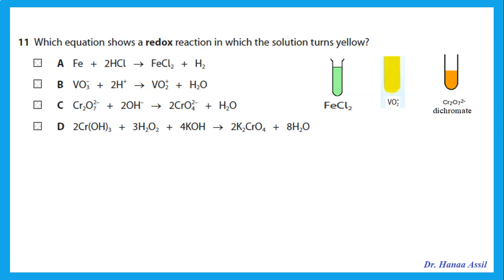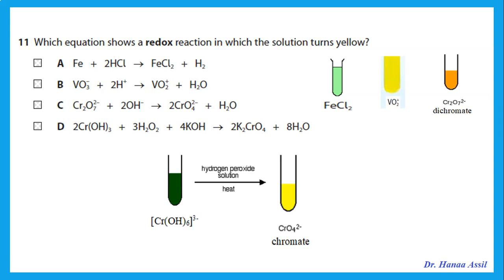We're starting with the dichromate, which is orange, and we're forming chromate. The chromate is yellow, but this is not a redox reaction. Now, in D, we are starting with the chromium hydroxide, which is green, and that gives a yellow, and that is a redox reaction, so that's my choice.